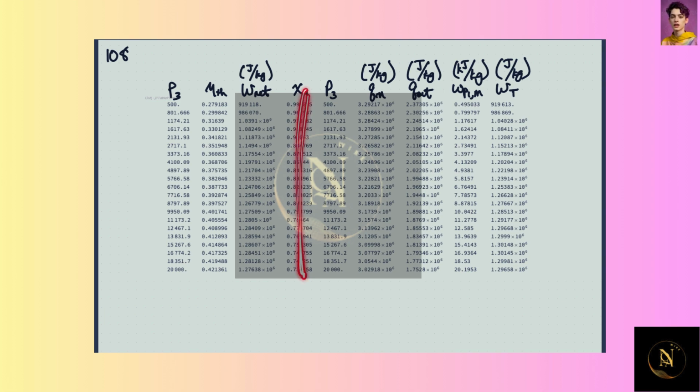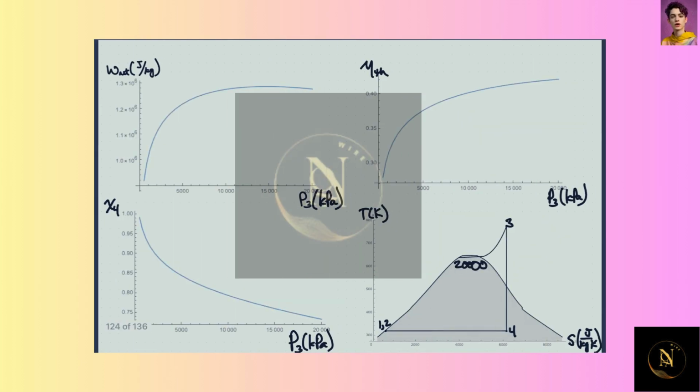The quality factor is going down, which we expected. Heat transfer in is generally going down, and heat transfer out is also going down. And the specific work out of the turbine is going up to a point.